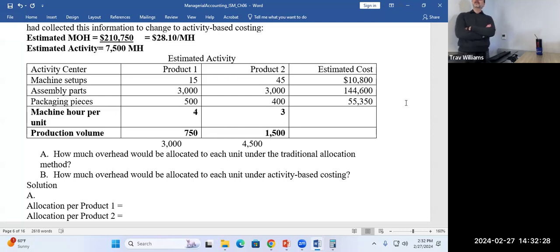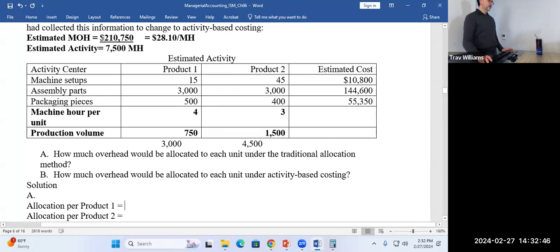Okay? How'd you get that, anyone? You divided the estimated overhead by what?